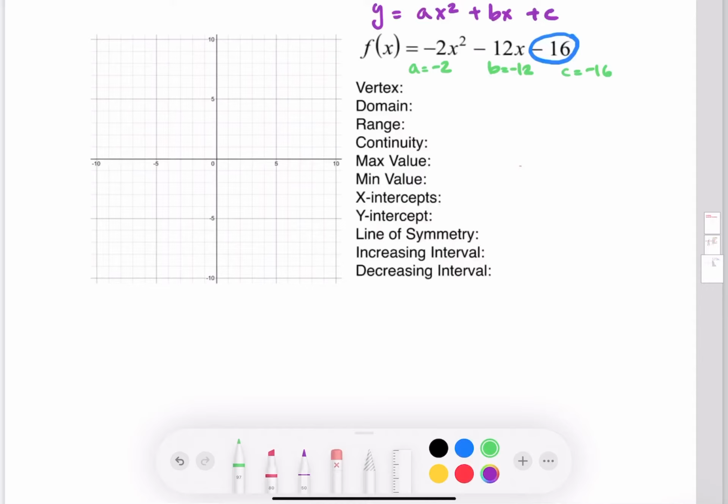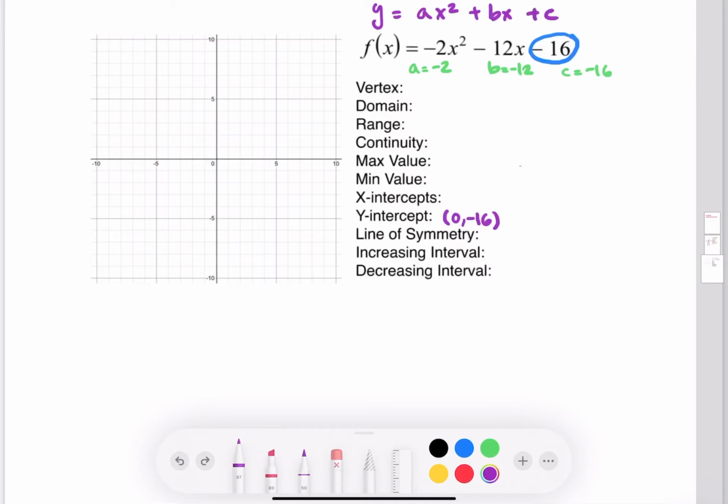So I already know what that y-intercept is, and it's unfortunate that I can't fit that y-intercept in our graph here, but I could go ahead and write it down in one of our properties. So that y-intercept is going to be at (0, -16). So I would put a point somewhere down here if we had that -16. So it's somewhere around here. We're not exactly sure where that is.